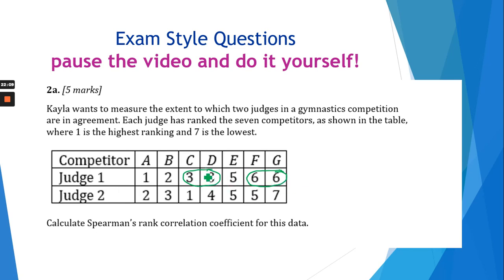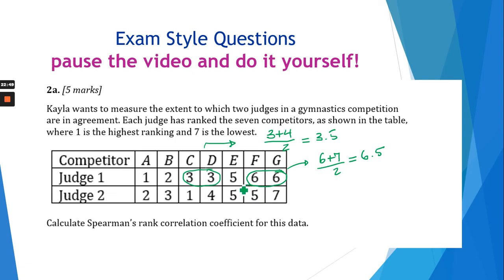In this case, because this will be the third and the fourth position, we would have to get the position 3 and 4 and find the average, which will be 3.5. So we have to replace this 3 by 3.5. So that will be the third and the fourth. The fifth is correct, but the sixth and the seventh, we have to do the same thing. So we'd have to do 6 plus 7 divided by 2, which will be 6.5. So these two we have to replace by 6.5.